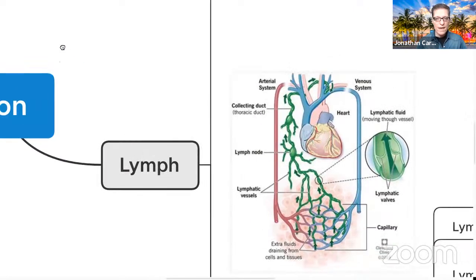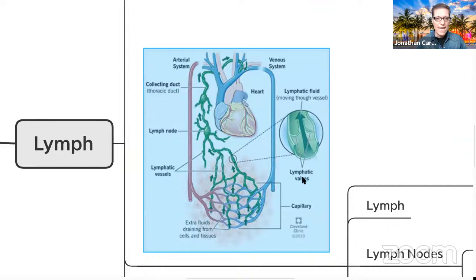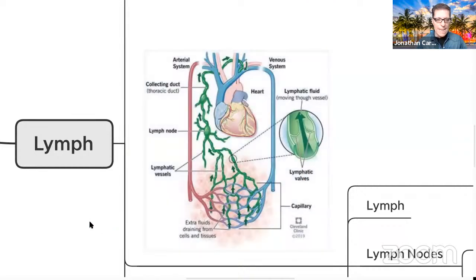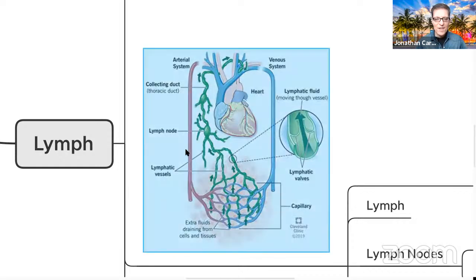What's confusing about this is you generally would want the arterial system on the right side.